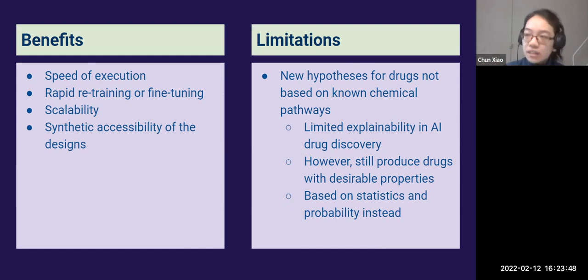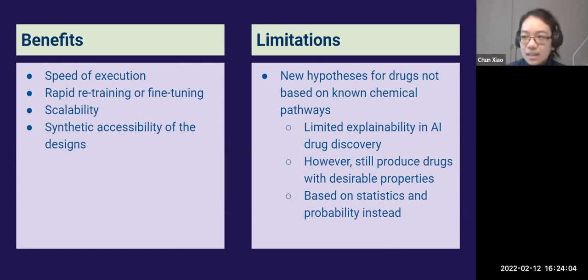However, the machine learning algorithm might not do that. It might use statistics and probability to create a new design that is completely novel and different, something that a human drug designer would not have thought of.